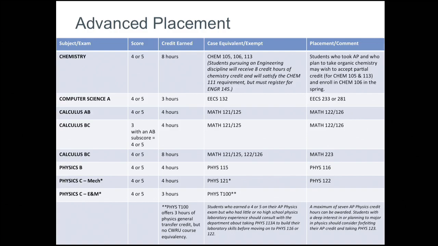Typically, if you take the Physics C, mechanical, score of 4 or 5, you will get out of Physics 121, which is the first mechanics course in physics.